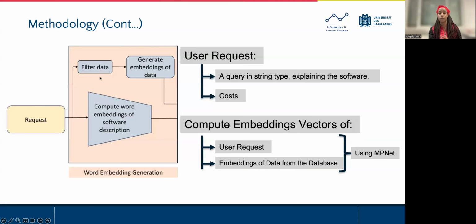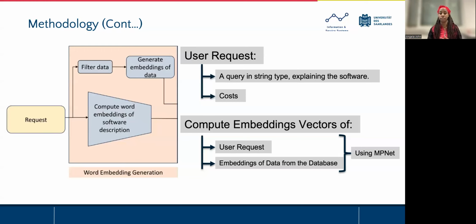From our request, we had the description and the prices. The prices we have used to filter our data. What about the descriptions? The descriptions, we will now generate embeddings for. We'll compute the word embeddings of the description that has been given as a request, and also generate word embeddings for the descriptions of the software that exist.